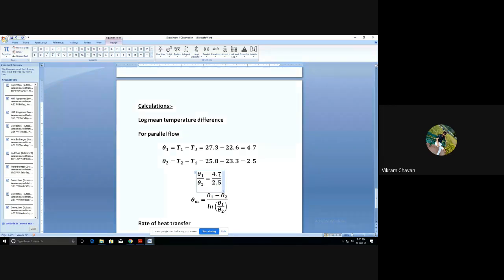It is equal to 1.88, and it is greater than 1.7, so we have to apply the LMTD.